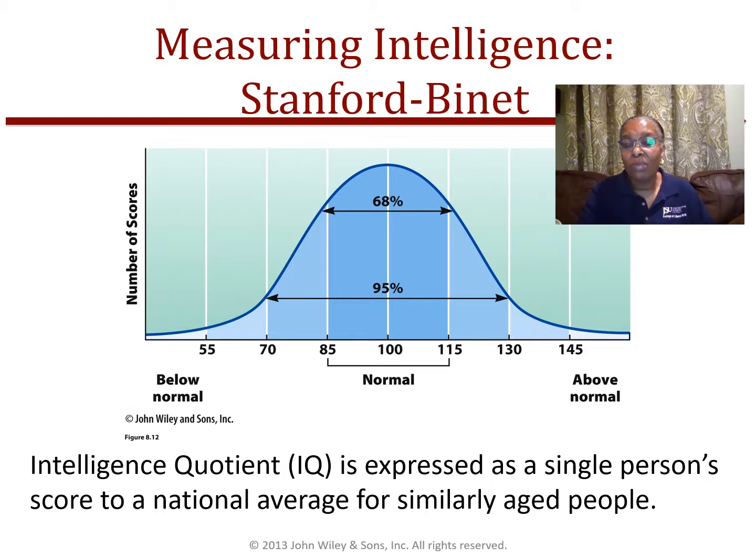The test has gone through many revisions, most recently, I believe, about 2014. It's administered individually and includes tasks like copying geometric designs, identifying similarities, and repeating number sequences. The intelligence quotient is expressed within the curve you're seeing here on the slide.